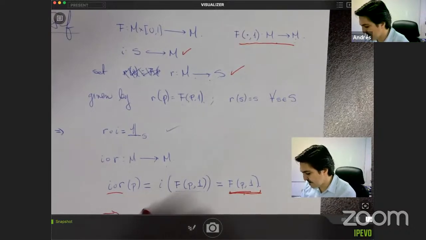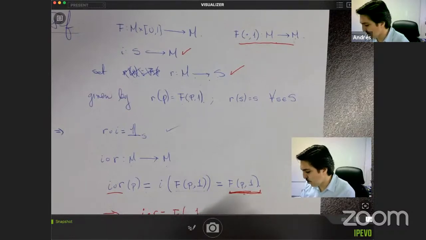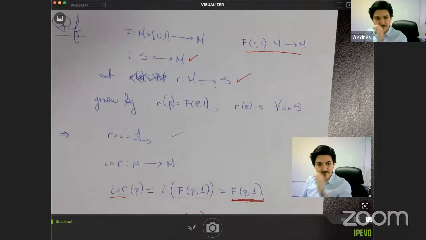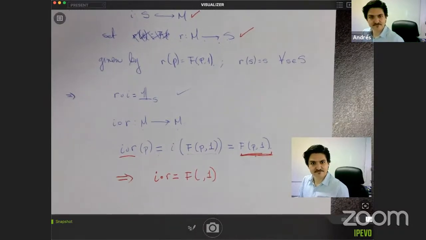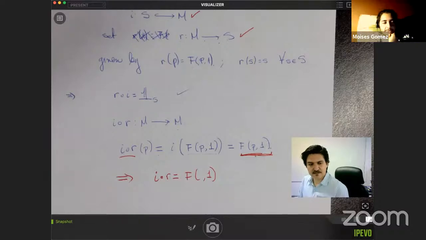That is, I'm saying that this map is precisely F at time 1. That's my conclusion here. Is that clear, Moises? Yes, yeah, right. Okay. Thanks.